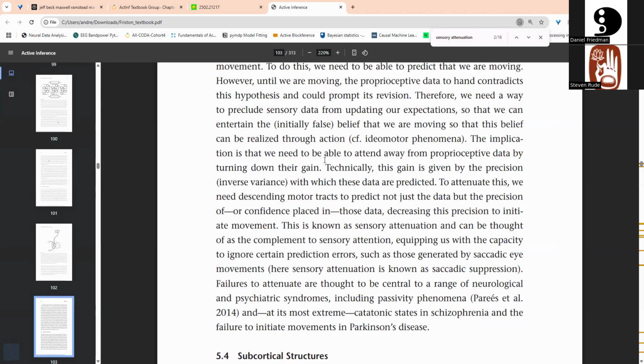Sensory attenuation is interesting in part as a learning heuristic for active inference, because what it revolves around is this Bayesian paradigm, where we bring our own beliefs to the situation, and a lot of things have to do with expectations, right? So there's a strange philosophical conundrum that can come up.